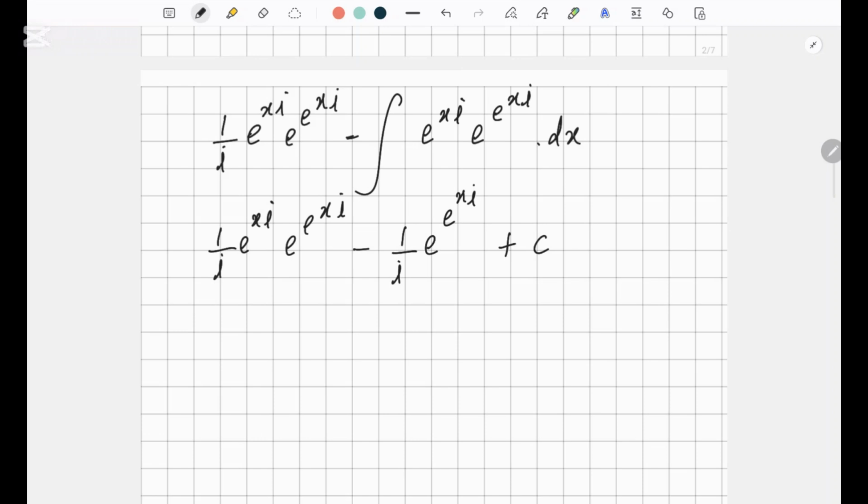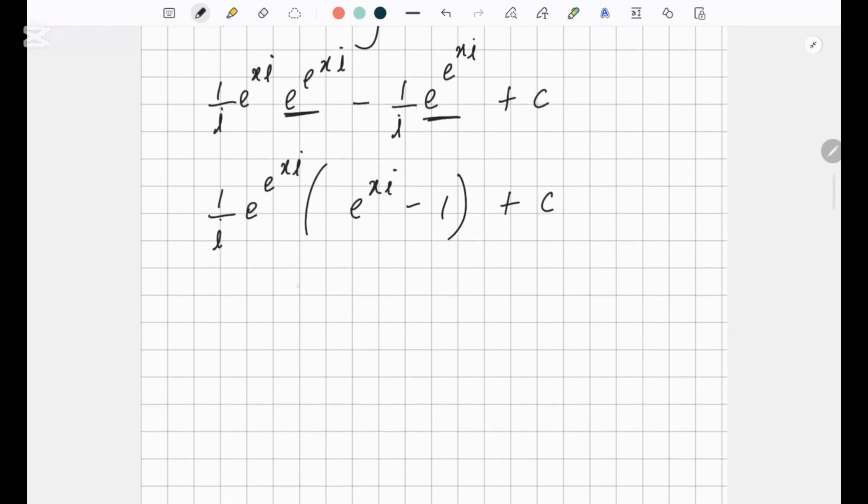Now what you can do is, let's take 1 over i outside, and we could also take e to the power xi out. We could take this term outside too. So it's 1 over i into e to the power xi into e to the power xi minus 1, right? Plus c. Now e to the power xi equals cos x plus i sin x, right?